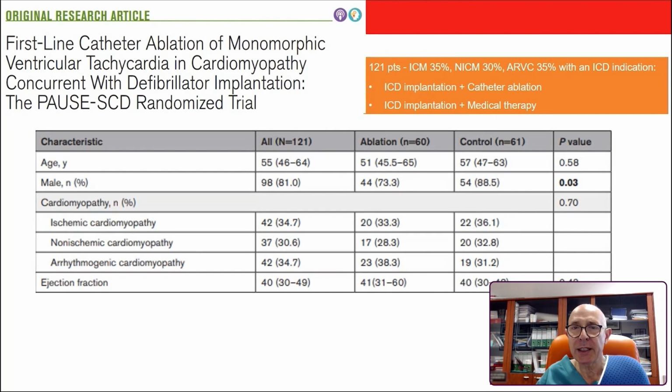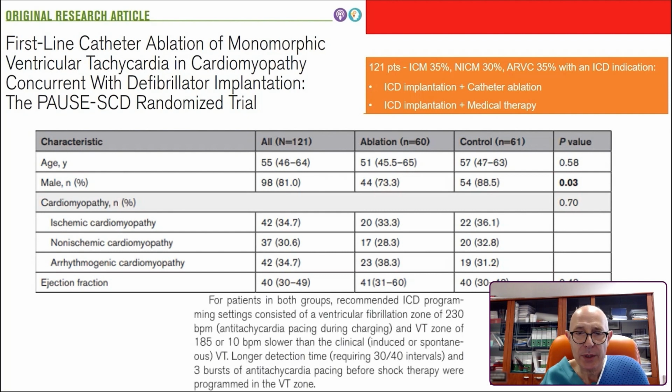It analyzes the follow-up of 120 patients randomized following ICD implantation to catheter ablation or medical therapy. As you can see here, baseline ejection fraction was pretty high in all the groups, so this makes it pretty difficult to analyze the presence of any survival benefit.